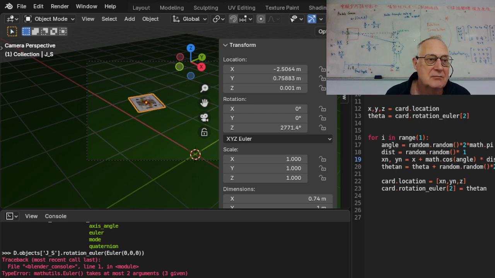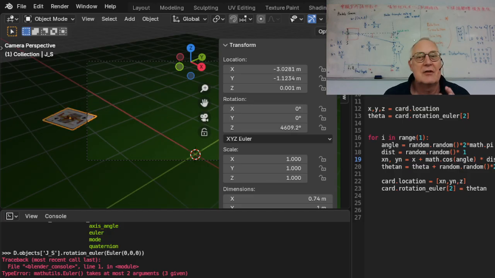I can render it. And that allows you to generate thousands of training images.